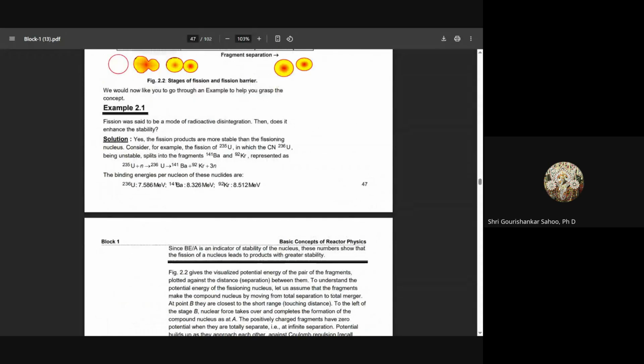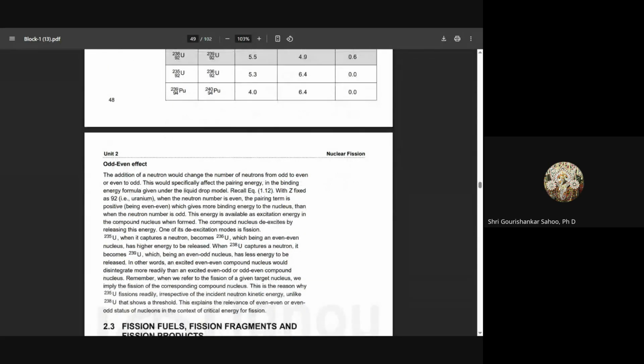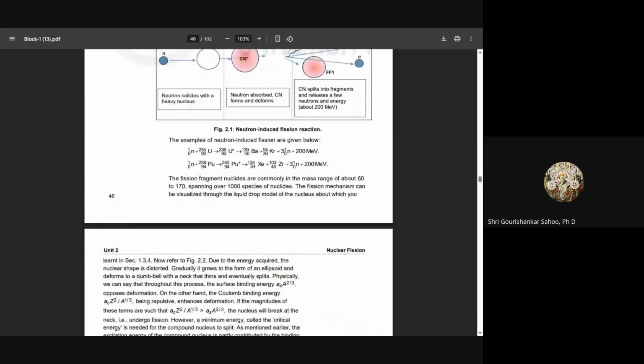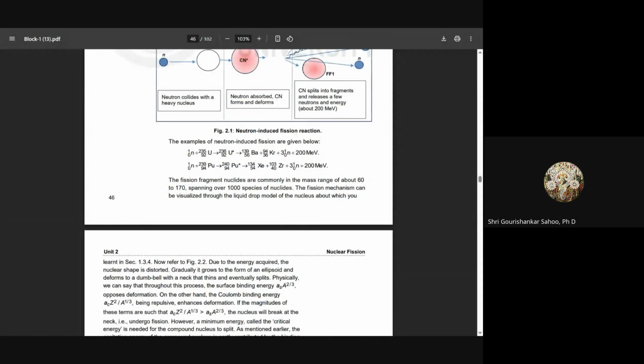So these two are odd numbers. When a neutron is bombarded, here you can see uranium-236. How many neutrons? Initially in uranium you have 143 neutrons, and after the neutron is bombarded and the compound nucleus is formed, there are 144 neutrons in the compound nucleus.